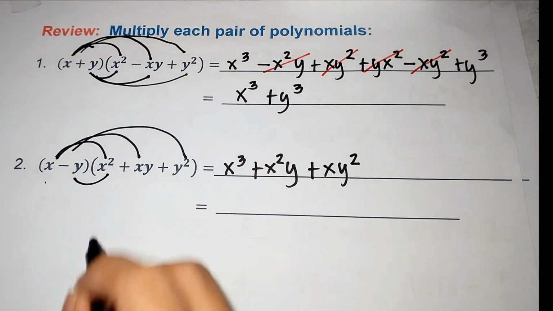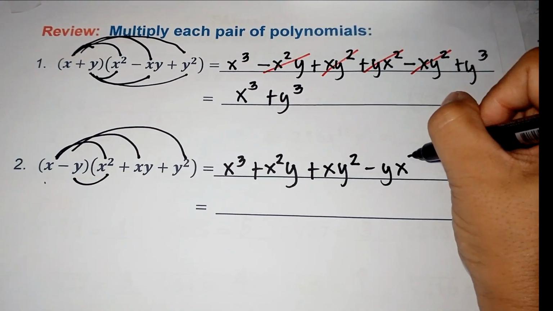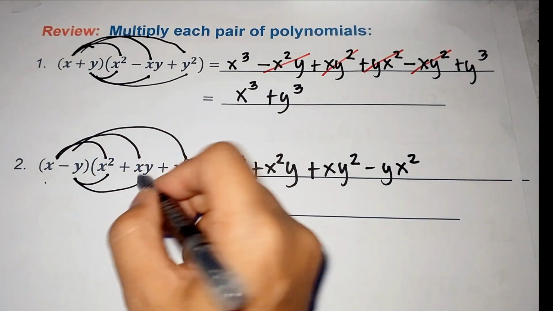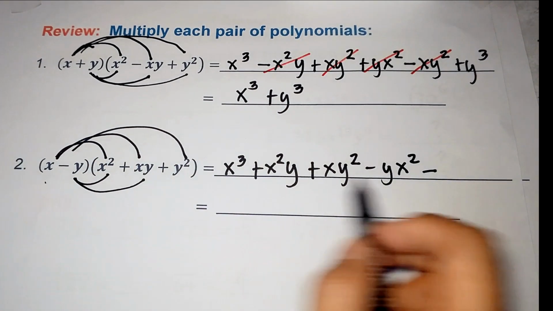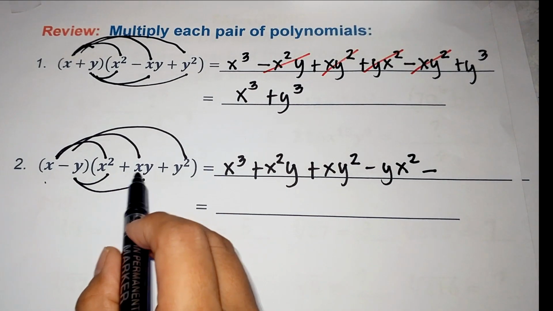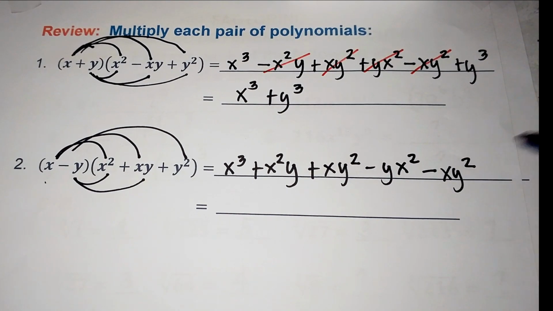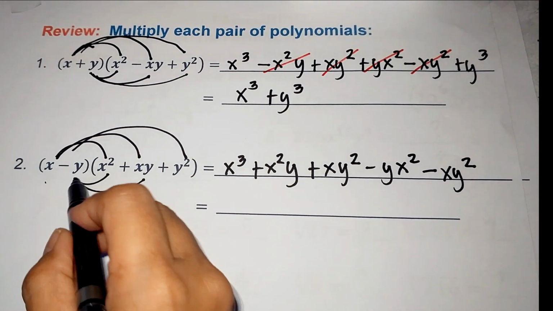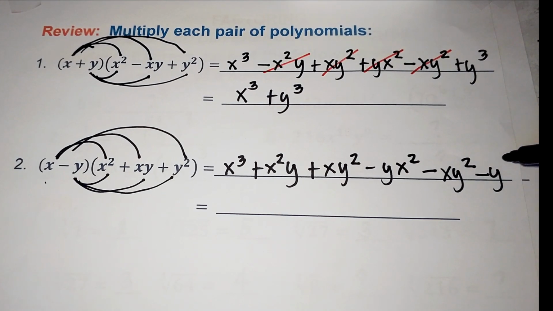For this negative y, times x squared is negative yx squared. The negative y times xy is negative. Again, negative times positive is negative. Then we now have y times y, so y squared, negative xy squared. And then, finally, negative y times y squared is negative y cubed.